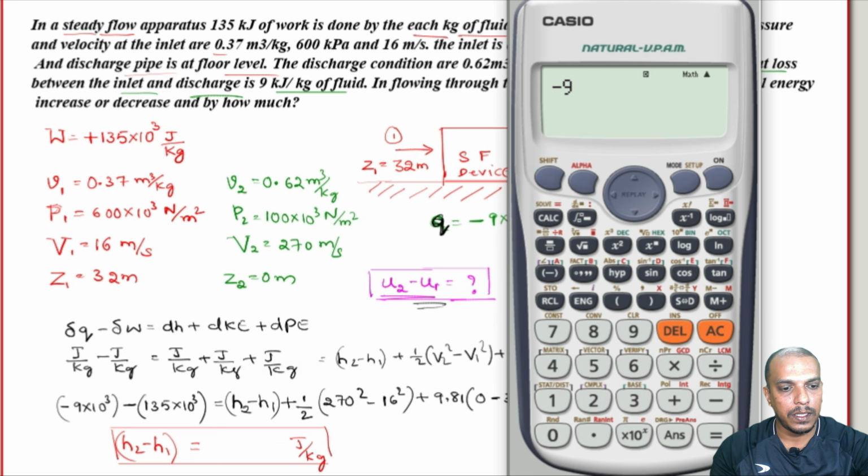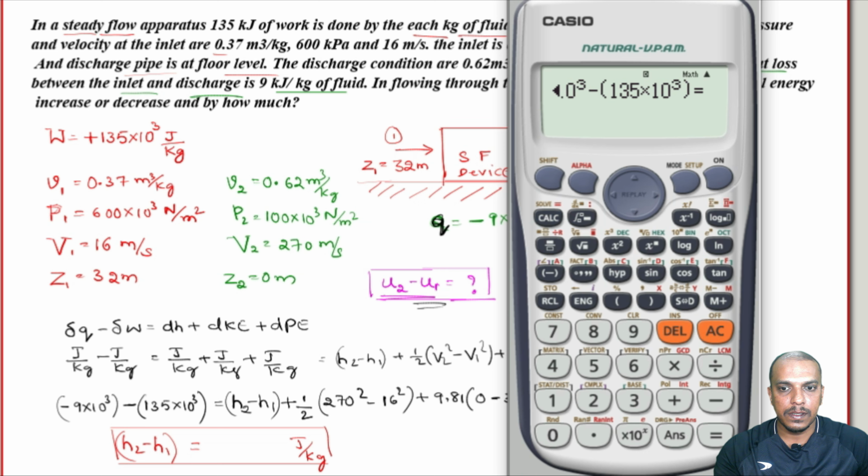Minus 9 into 10 power 3 minus 135 into 10 power 3. Now, this is the unknown.